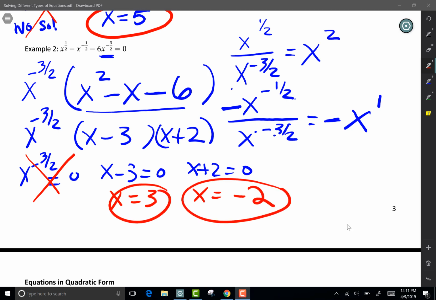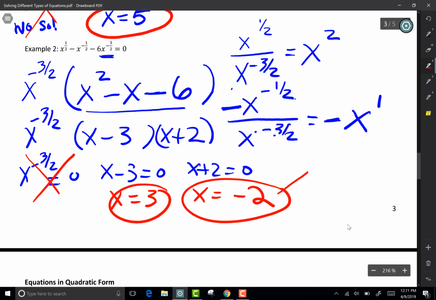If you recall, when you have something raised to the 1/2 or to the 3/2, that 2 in the denominator of your fractional exponent represents the square root. And remember, you can't take square roots of negative numbers and still be a real number.